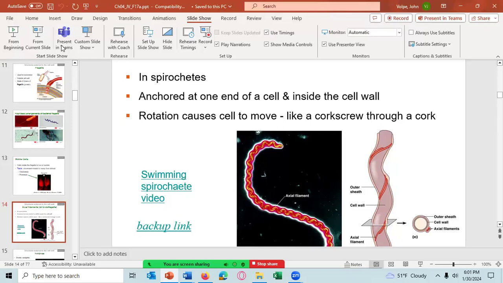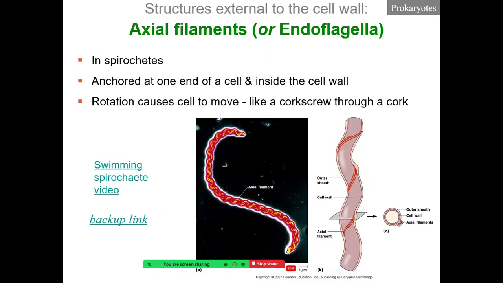Let me blow this up. Here we're looking at the flagella in a spirillum, and this we call an endoflagella or an axial filament, where the flagellum winds around the cell like this.